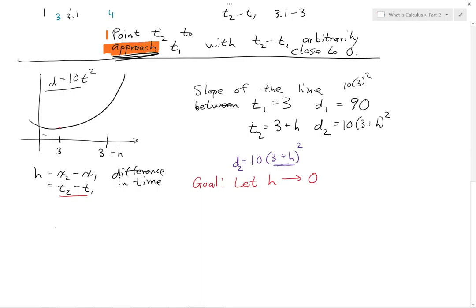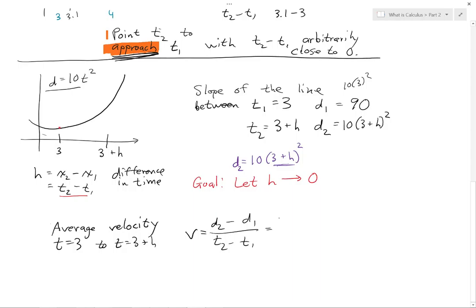So we're going to find the average velocity from t equals 3 to t equals 3 plus h. We set up D2 minus D1 over T2 minus T1.